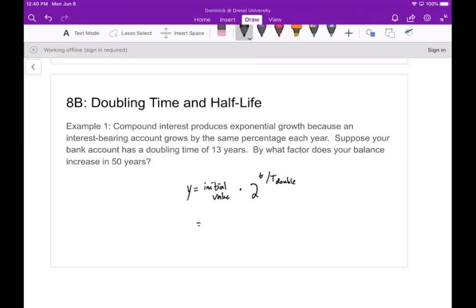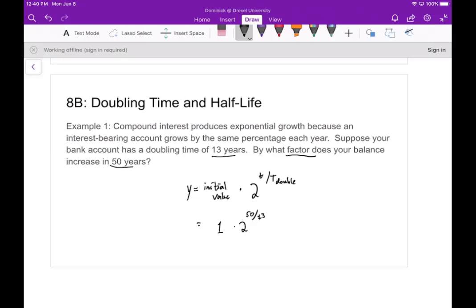Here, our initial value we can say is just 1 because we're only interested in what factor your balance increases by. Now 2 is always 2, and our little t is how much time we want to enter in, and that's 50 in this case. Capital T double is given to us, that's 13 years, so I'm going to put a 13 down here.